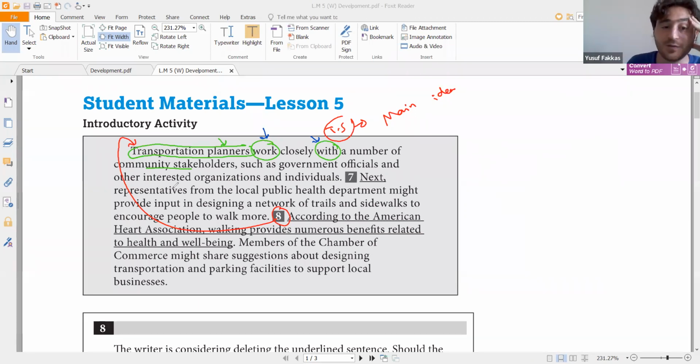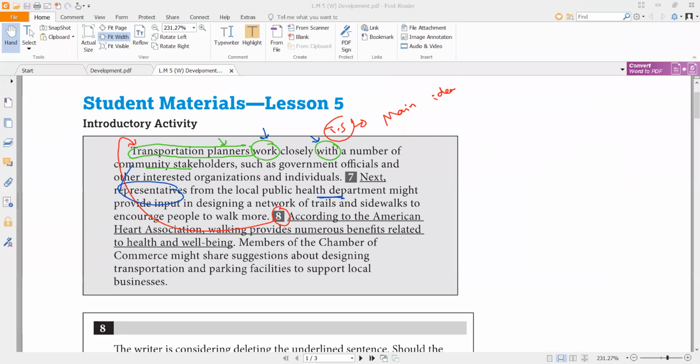So guys, here, if you look, they're telling you that we have representatives from the local public health department. So why are they mentioning these representatives? Any idea? Why did they mention these representatives from the local public health department?